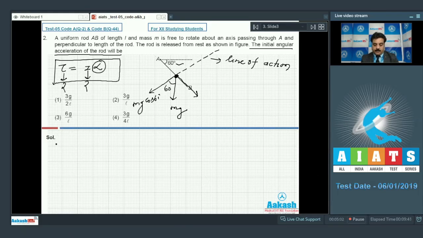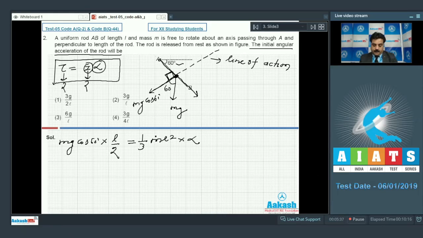If I use this relation, first I will write the torque. Torque is calculated by force. Force is mg cos 60, and you need the perpendicular distance. From point A this angle is 90, so I can say L by 2 is the perpendicular distance. Another requirement is the moment of inertia, and the moment of inertia of the rod about one end is 1 by 3 mL square into alpha.